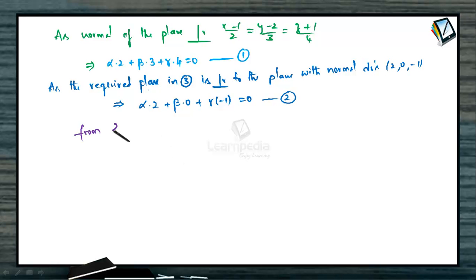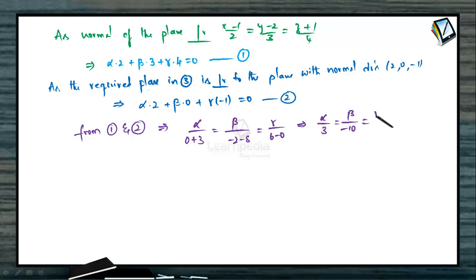Now using the first and second equations, alpha/(0 plus 3) equal to beta/(minus 2 minus 8) equal to gamma/(6 minus 0), that gives us alpha/3 equal to beta/(minus 10) equal to gamma/6. So we got the drs proportional to 3, minus 10 and 6. So can we complete the equation now?